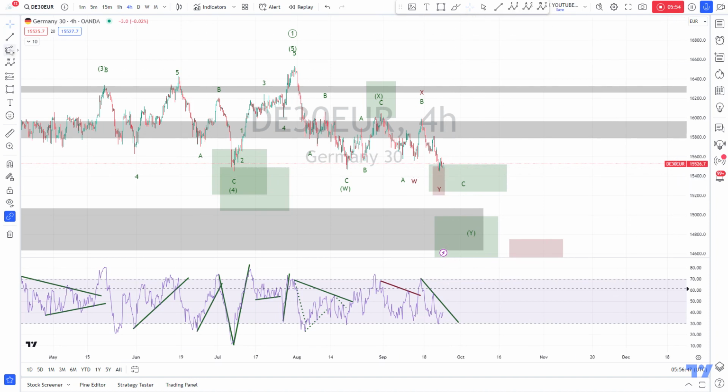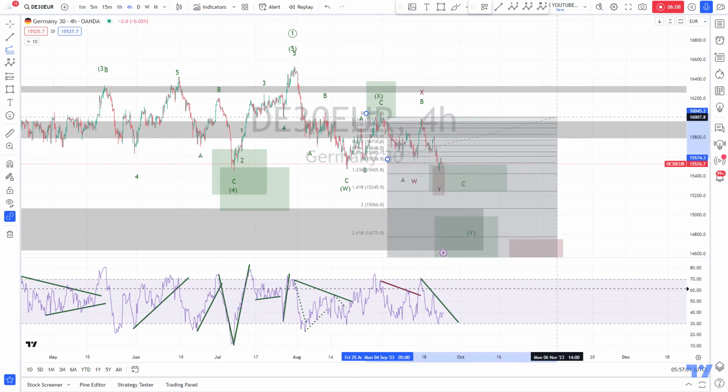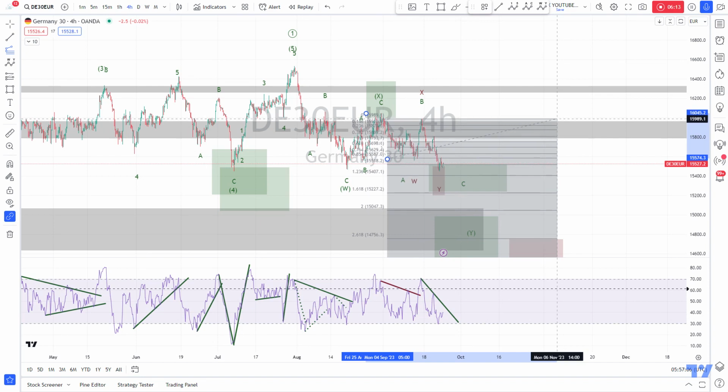So let me show you how I get this wave C and Y area. If it is an A, B, C structure here, then the wave A is situated here. We take the length of our wave A, the length of our wave B, and then we should start to go up from this area here, the C area between the 1 and the 1.618 FIB extension.